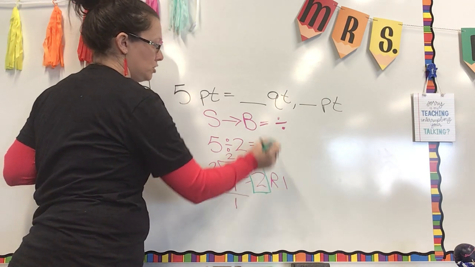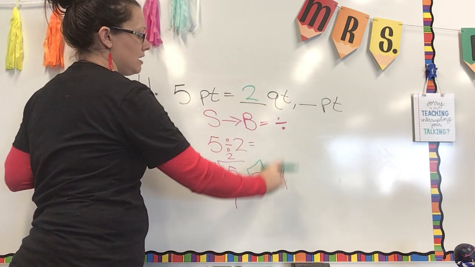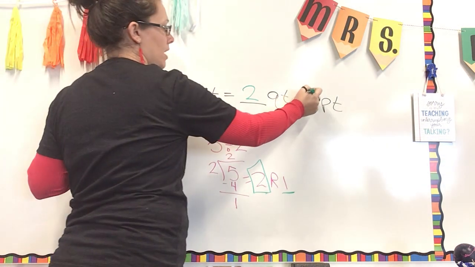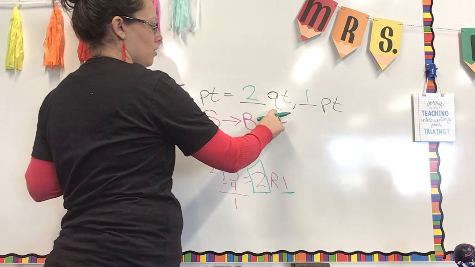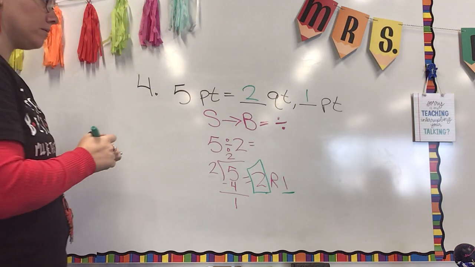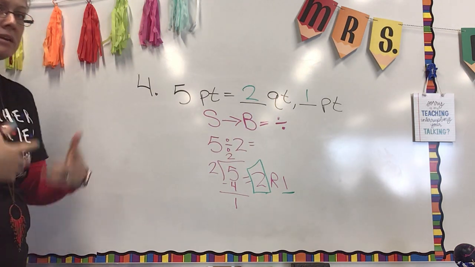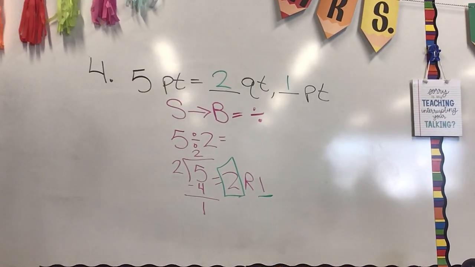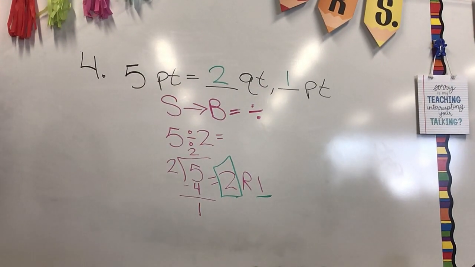So it has 2 quarts. This remainder then is our 1 pint. Was that 1 pint enough to make another quart? No. But can we just eliminate it because it was left over? No, we still have it. We can't eliminate it. So we interpret the remainder as 1 pint left over. So 5 pints is the same as 2 quarts and 1 pint.